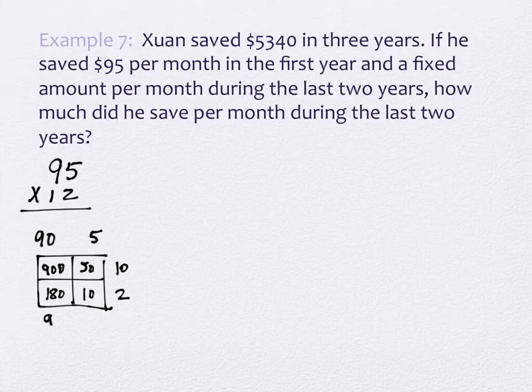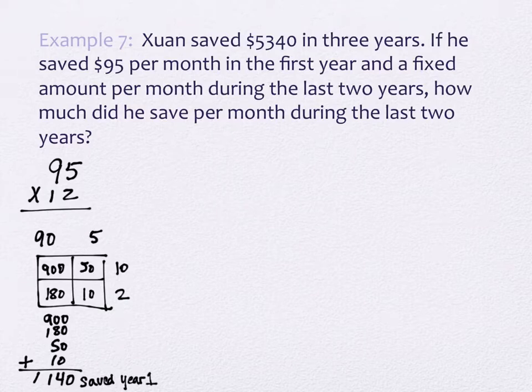So if I added 900 plus 180 plus 50 plus 10, what would I get? 1,140. And what did we just find? Yeah, this was saved in year 1, just to help keep track of where we're actually at in the problem. He saved $1,140 in year 1.